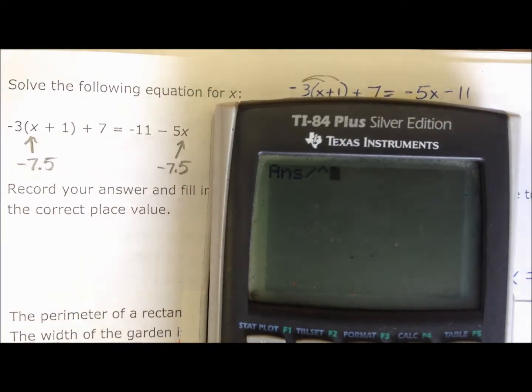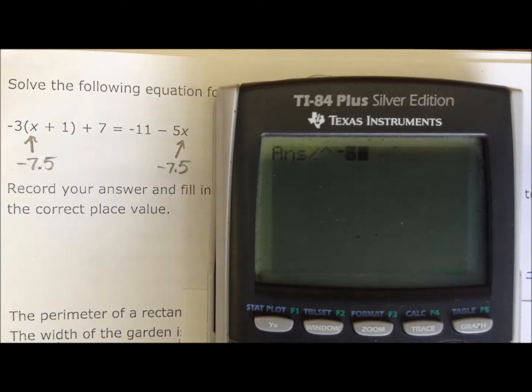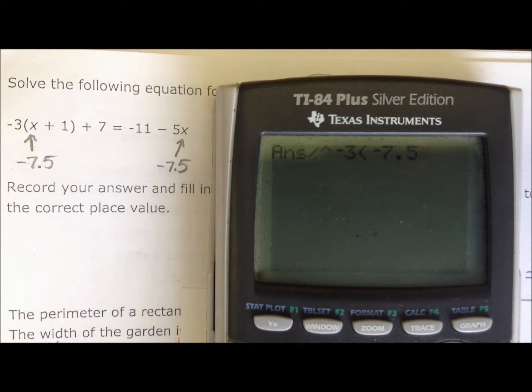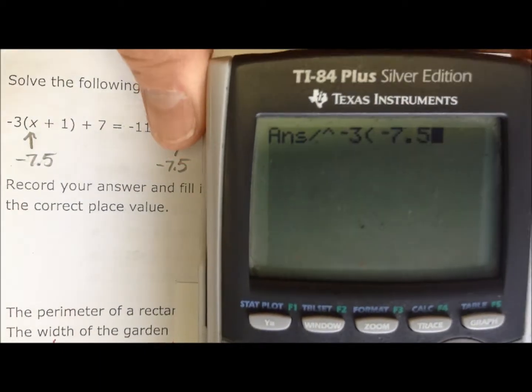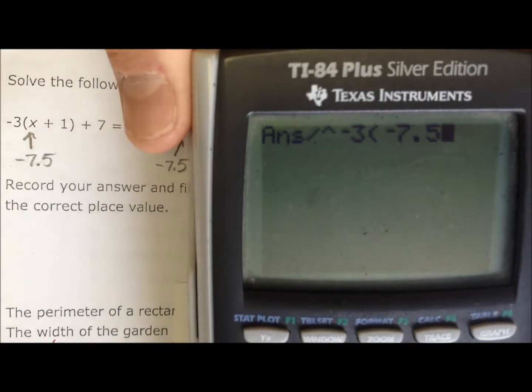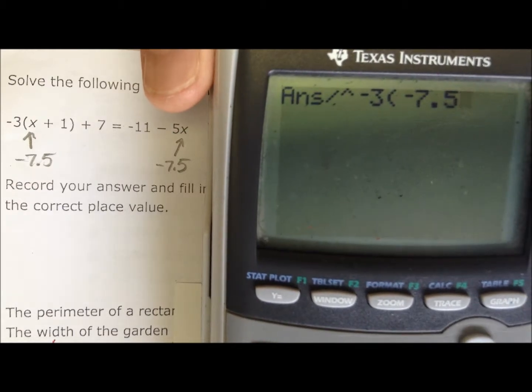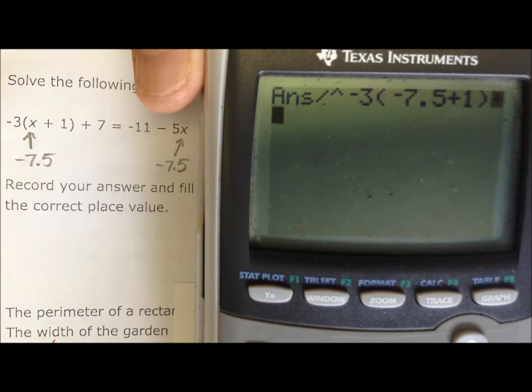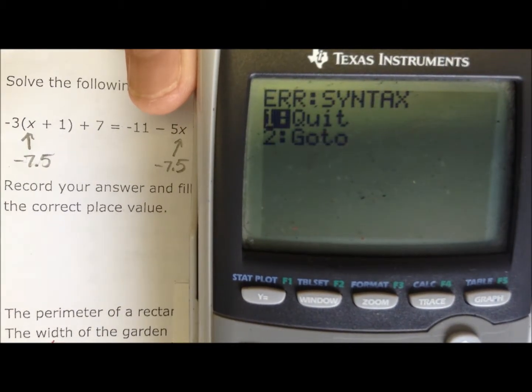Calculator will make quick work of this. If I type in a negative 3 parentheses, but instead of an x, I'm going to type in my answer, negative 7.5. Then I'm going to do a plus 1, close the parentheses, plus 7. Why did I do that?